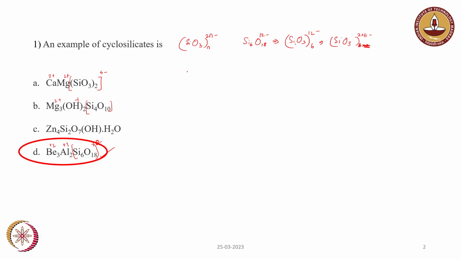The smallest will be Si3O9 6 minus. Si3O9 6 minus is the smallest cyclosilicate.